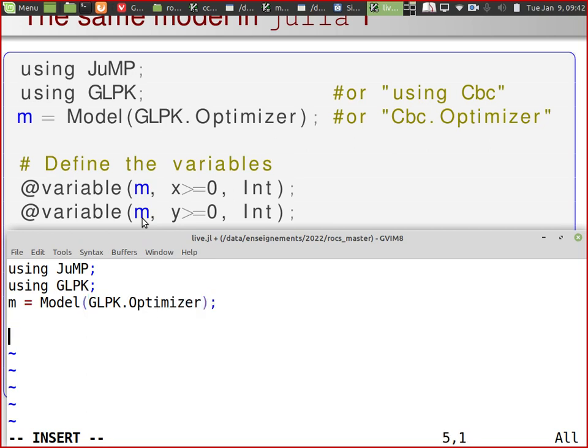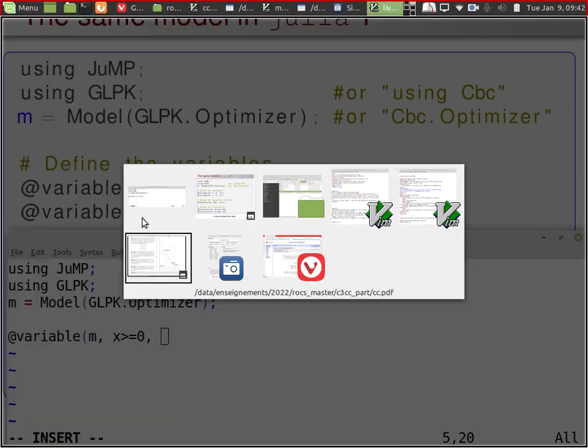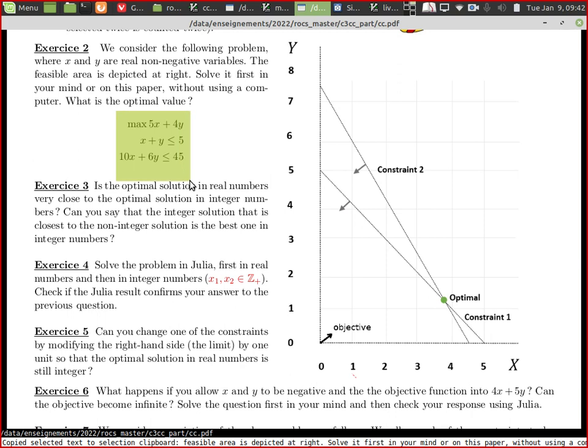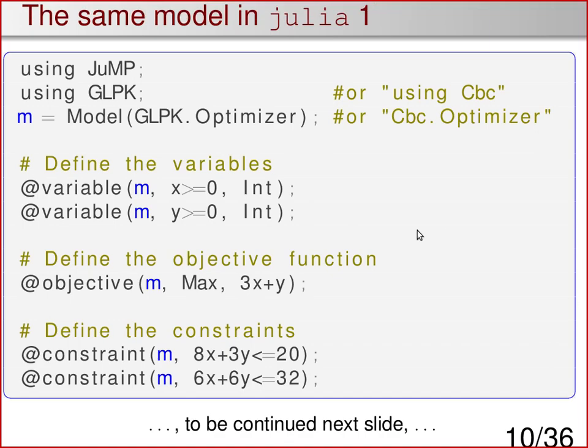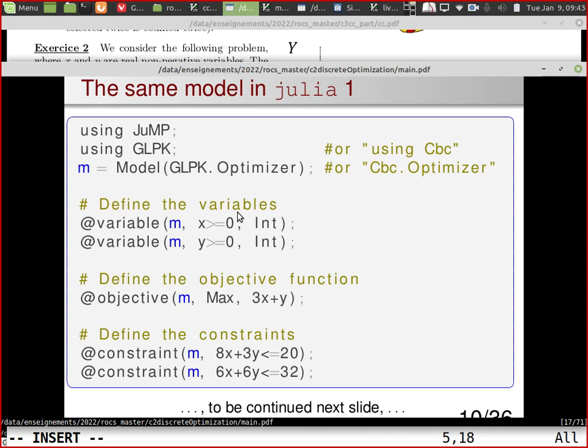And this seems quite easy. We always use this character at variable. M is the model, x greater than 0, because I repeat, we want to solve this on non-negative variables. Okay, you follow? So variable, you know, on the slides here, we had something int.